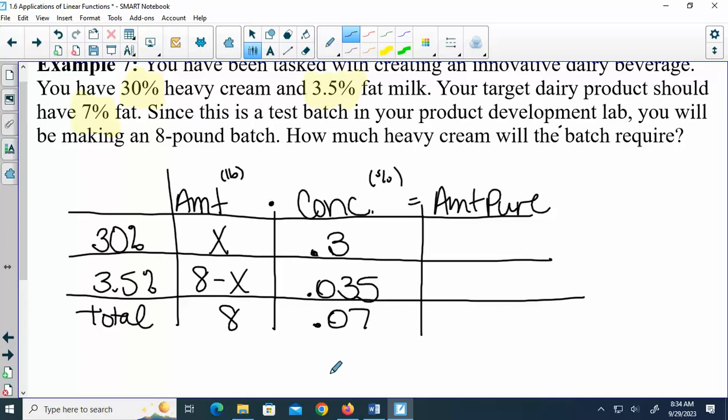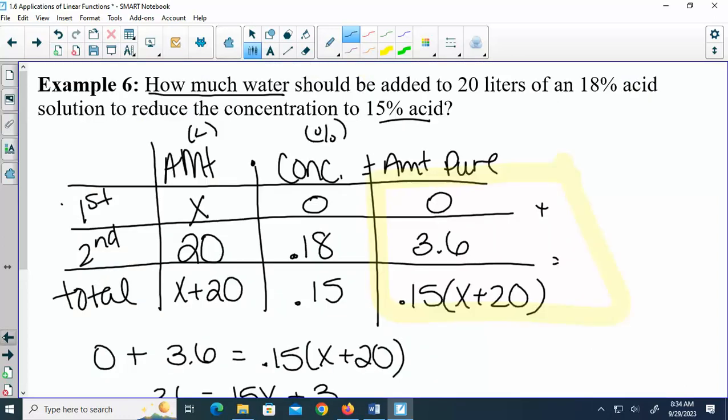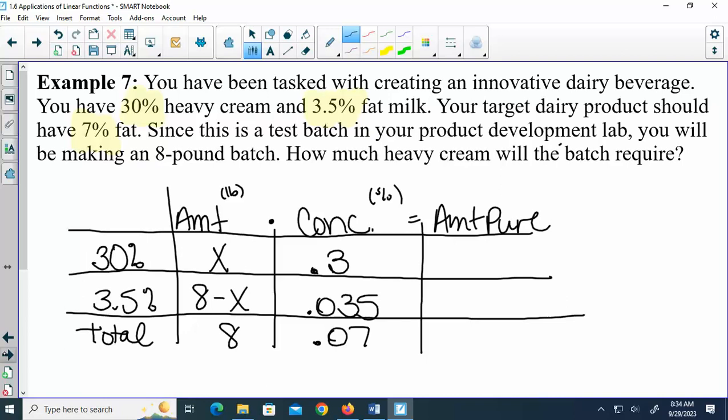Quick check on all the others. We added the amount of the first plus the amount of the second to get the total. If I take x plus 8 minus x, do I get 8? Yeah. Okay, now it's just like all the others, so we multiply. So we get a 0.3x, 0.035 times 8 minus x, and 8 times 0.07.